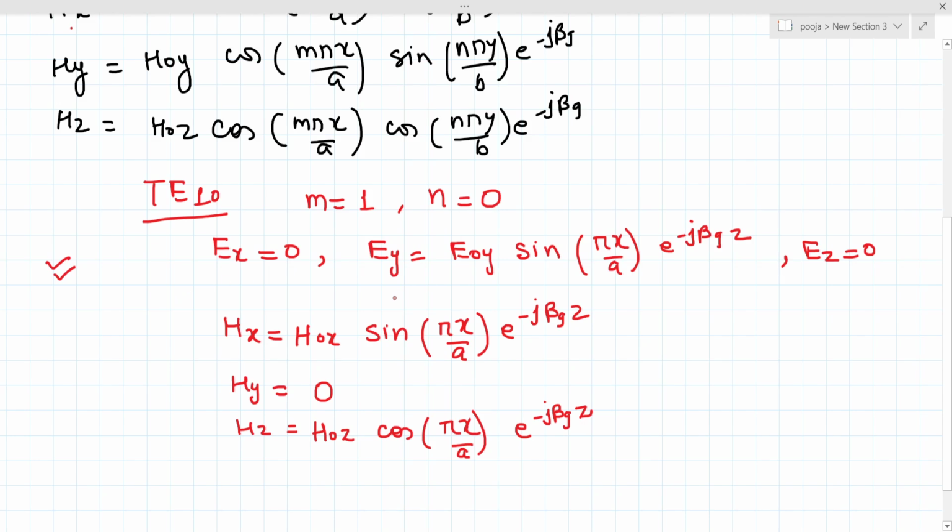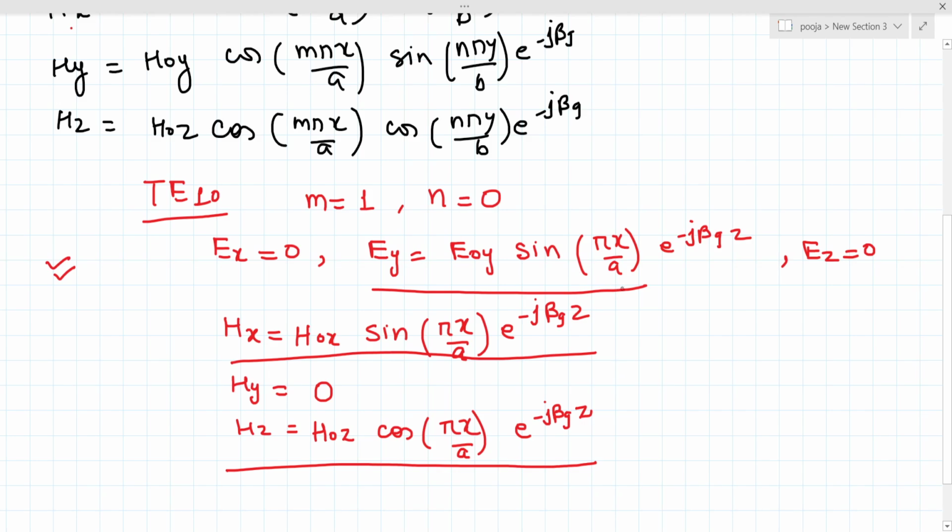So we have only Ey, Hx and Hz. The variation of Ey and Hx is the same, which is sinusoidal, and Hz will vary in a cosinusoidal form.